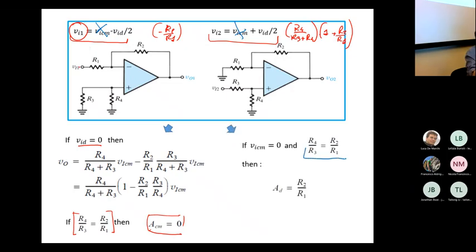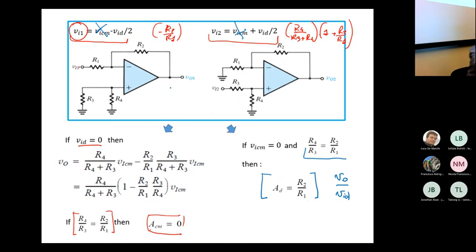And again, if you assume that R4 over R3 is equal to R2 over R1, well, you get a quite nice simplification. And at the end of the day, you can find that the differential voltage, that is V out over VID, is equal to R2 over R1.